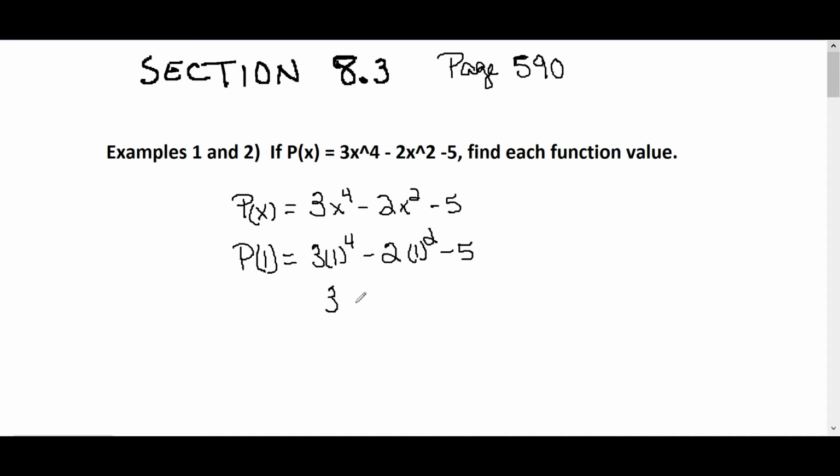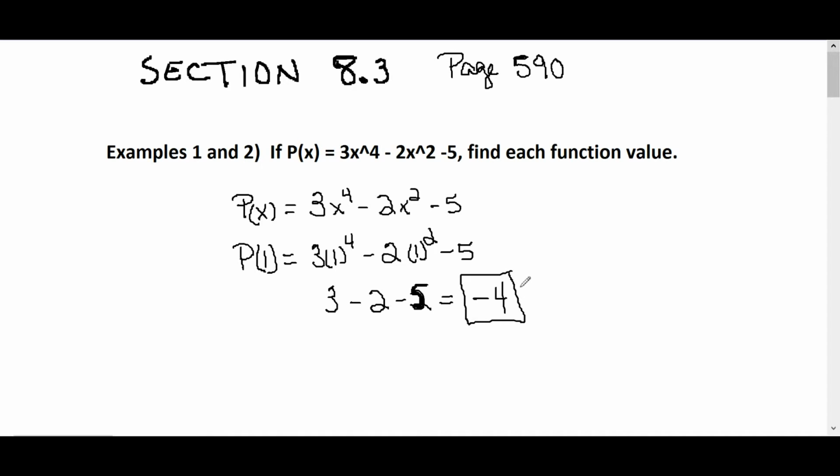Negative 2 times 1 is negative 2. And then minus 5. So this evaluates to be 3 minus 2 is 1, and 1 minus 5 is negative 4. Okay, and that's what it evaluates to.